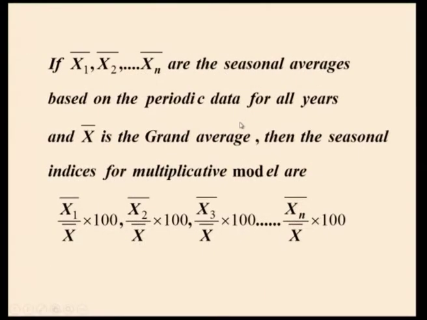For example, take x1 bar, x2 bar, etc., xn bar. They denote the seasonal averages based on the periodic data for all the years, and x bar denotes the grand average. Then seasonal indices for the multiplicative model are x1 bar by x bar into 100, x2 bar by x bar into 100, etc., xn bar by x bar into 100.